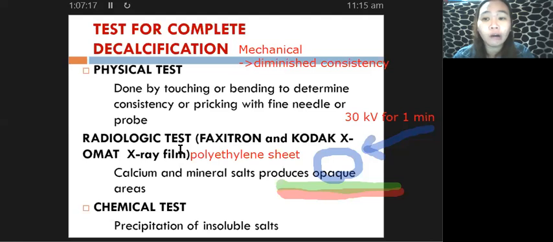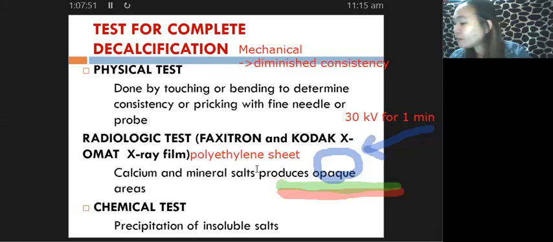Because the mercury chloride incorporated in your tissues, remember, it's an additive fixative, will produce opaque areas, radio opacity. So even if the decalcification is complete, you will really see opaque areas. So this is not performed for mercury chloride fixed tissues.